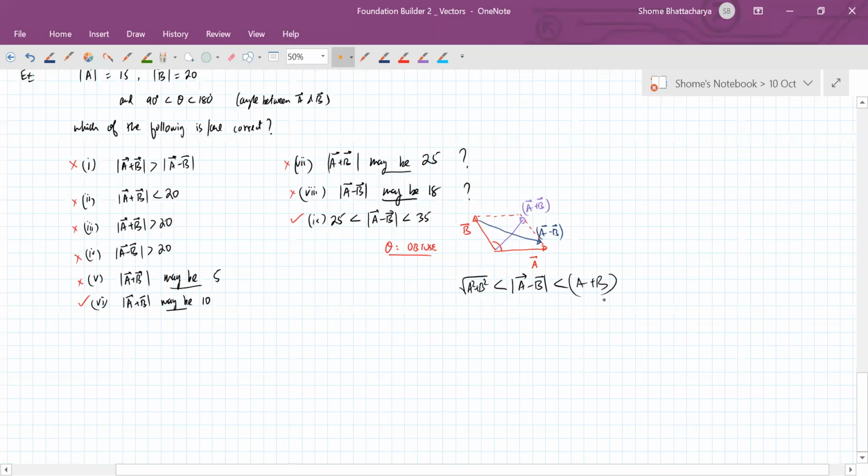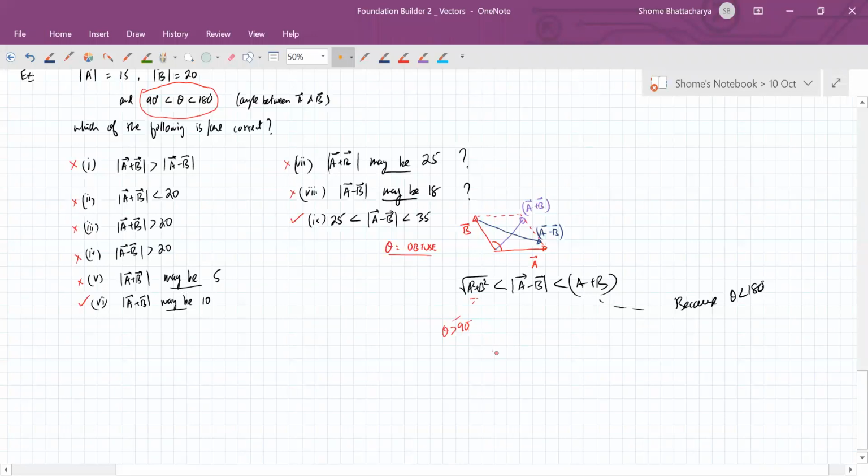Now why is it said less than a plus b? Because theta is less than 180. It's said in the question that theta is less than 180. And similarly, it is greater than this because theta is greater than 90 degrees.